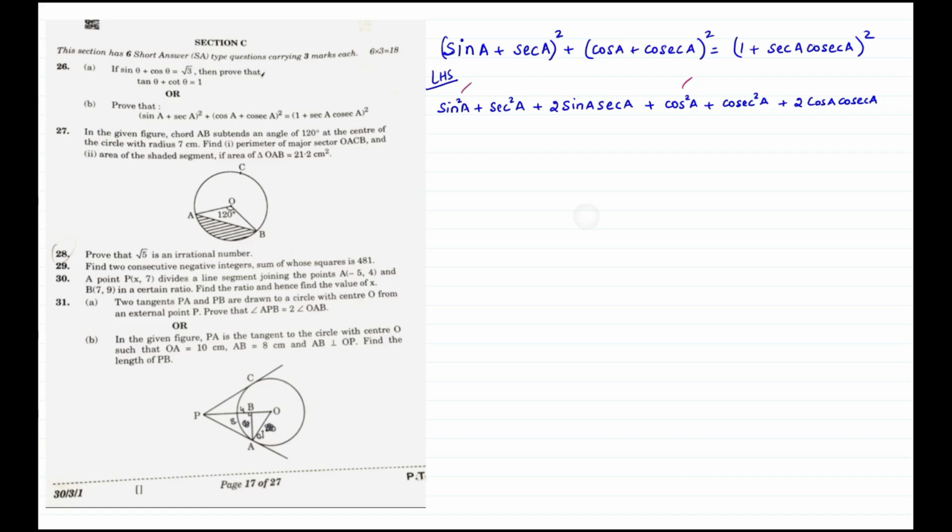And then we will write this sec² A and cosec² A together.